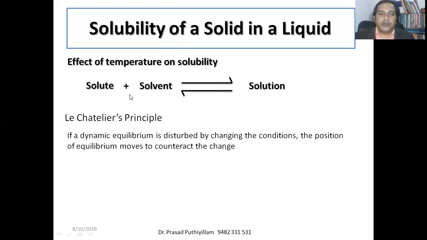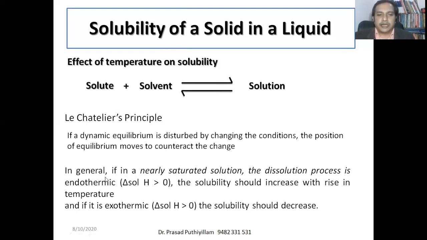It will shift to the right side or to the left side. That means on increasing temperature, the solute may undergo dissolution to get a solution, or in some cases on increasing temperature the solution will precipitate the solute. So both possibilities are there.